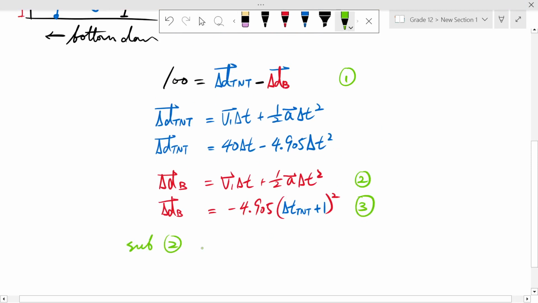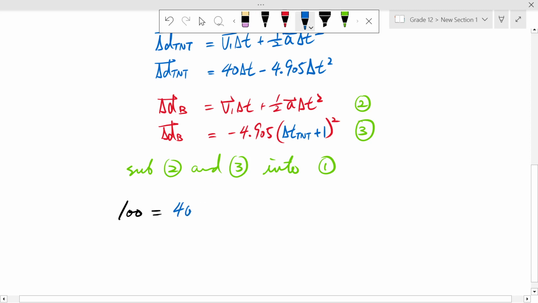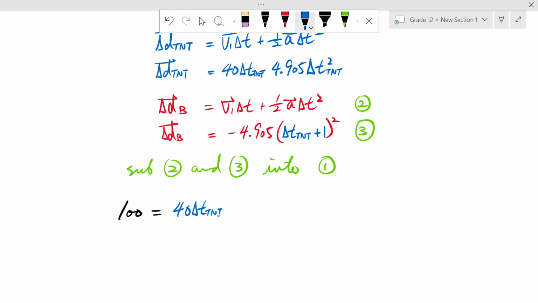Sub 2 and 3 into 1. That's going to give me 100 equals the portion for explosive, 40 delta t TNT. Forgot to write TNT here. Minus 4.905 delta t squared for TNT.